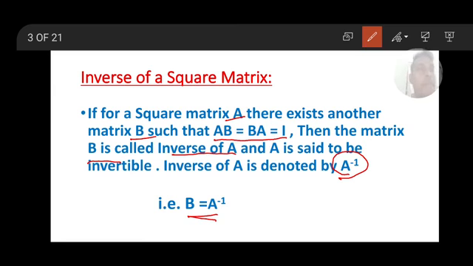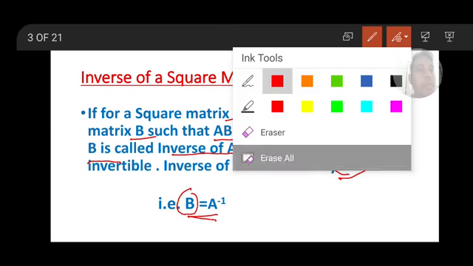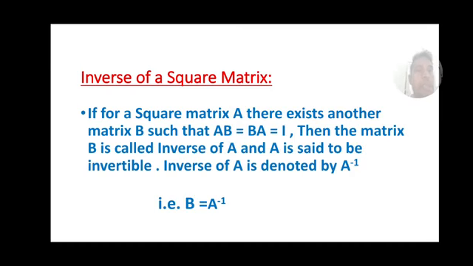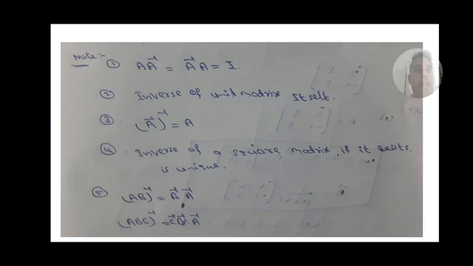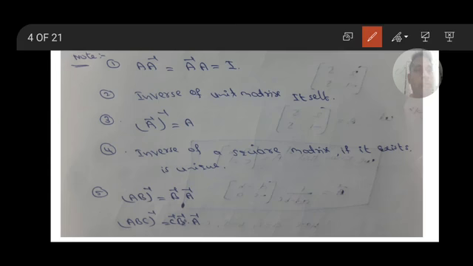Okay, let us see some important observations and how to find this B. Directly we have a formula in the problems. Next, note: if B is the inverse of A, then AB equal to BA equal to I, the identity matrix.